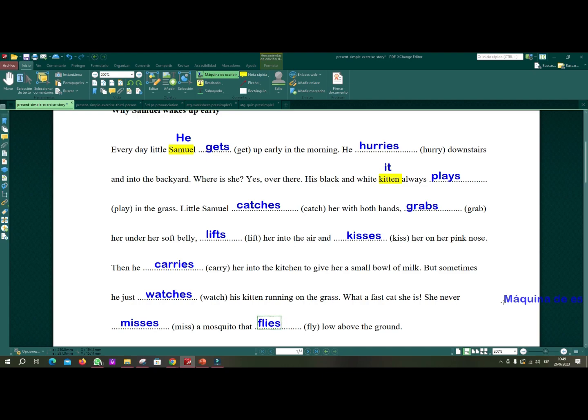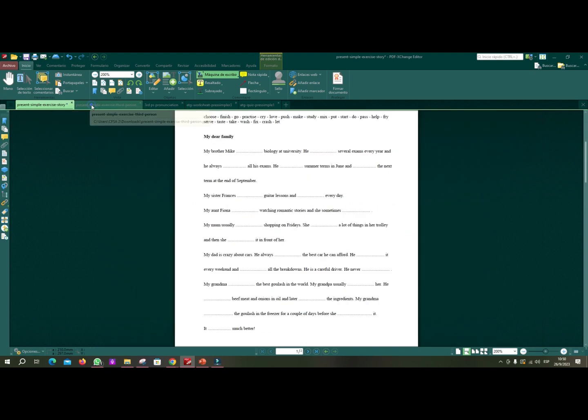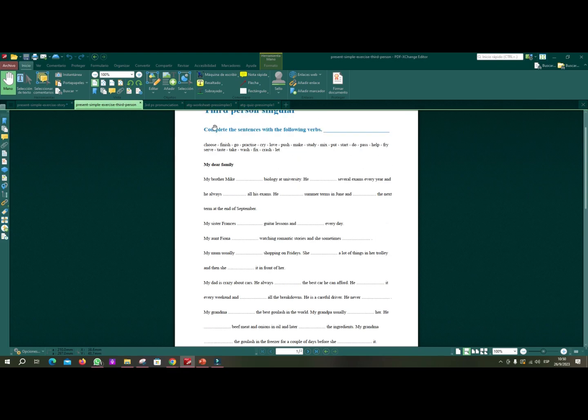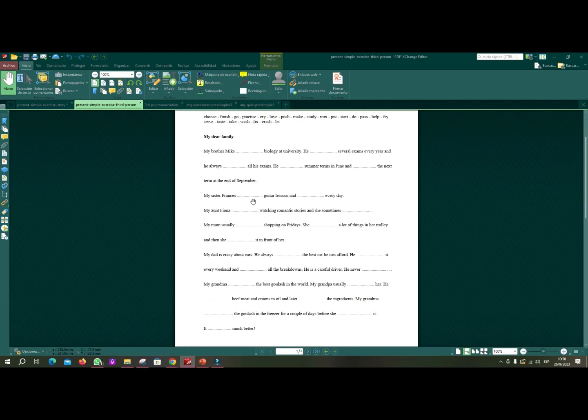Okay, excellent. Thank you, Carolina. Perfect. So, let's do a similar exercise like that. Here you have another one. This is a little bit longer, but it says, complete the sentences with the following verbs.